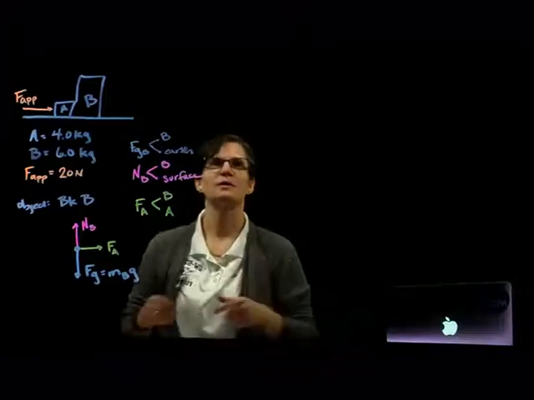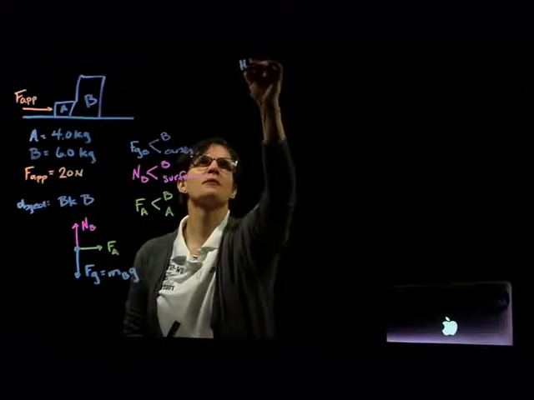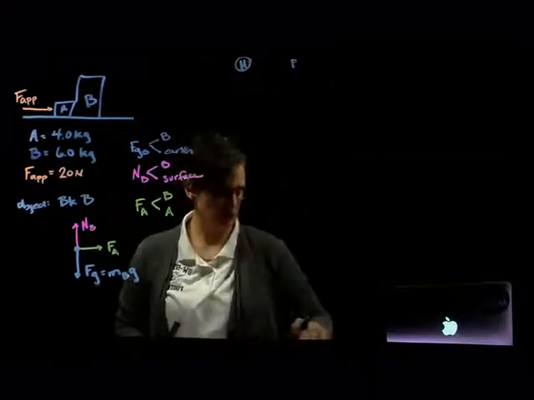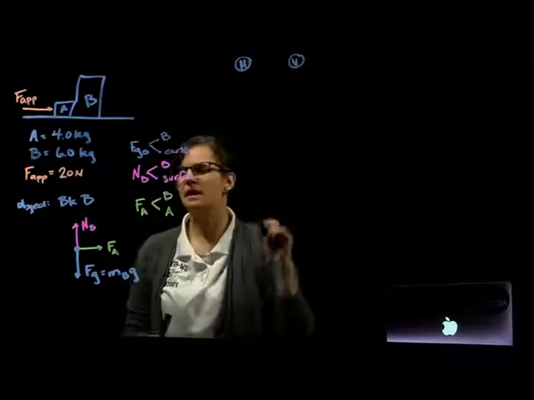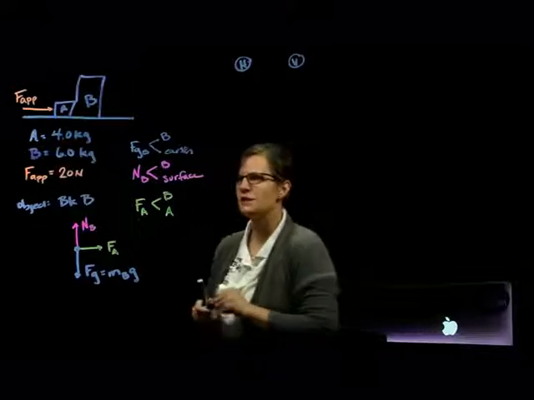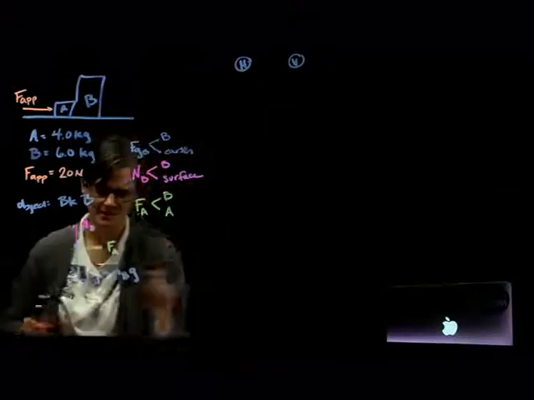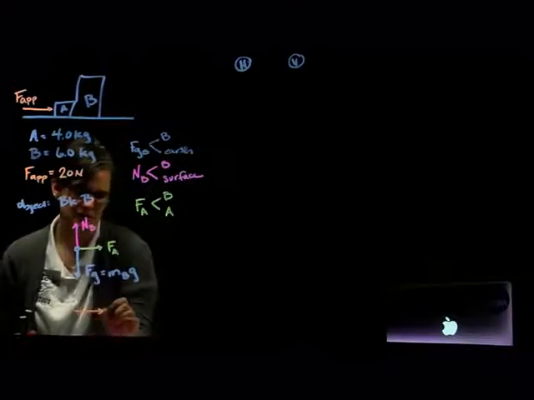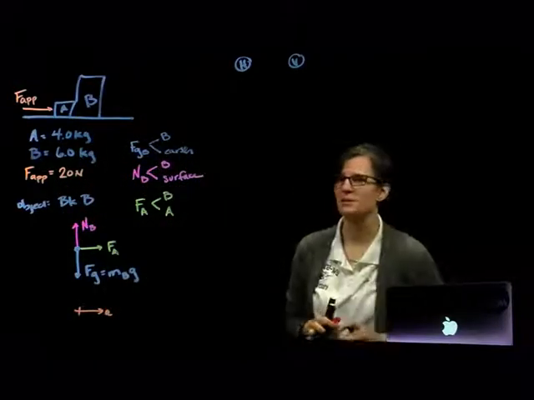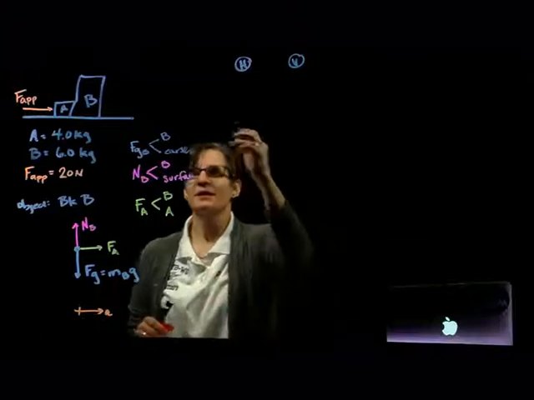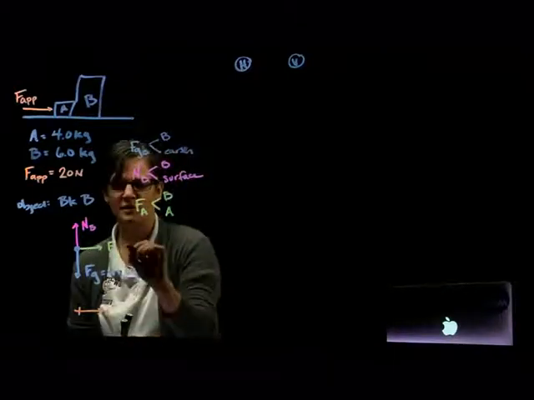So let's continue our force analysis. We have horizontal and vertical. Our acceleration is going to be along the x-axis, so it's our normal coordinate system. I don't need to rotate my coordinate system in this problem. All right, so let's number our forces.